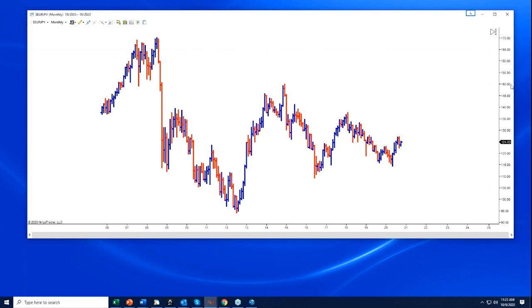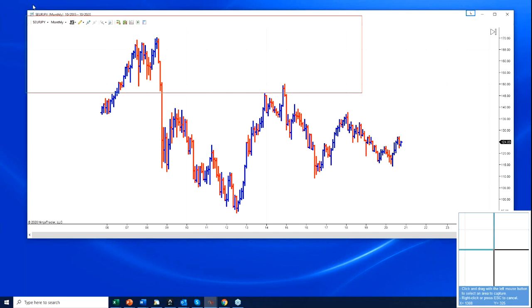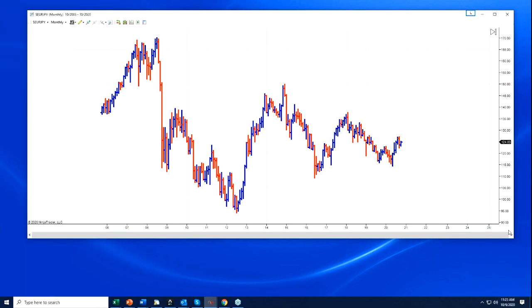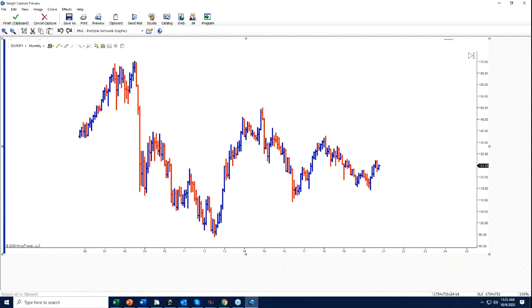So this is the monthly euro yen, and somewhat tricky. Obviously, somewhat in a downtrend defined by lower highs, but we also have this uptrend with higher lows. So it's going to be interesting to see how this thing wants to come out of here. And so this is a long-term symmetrical triangle.